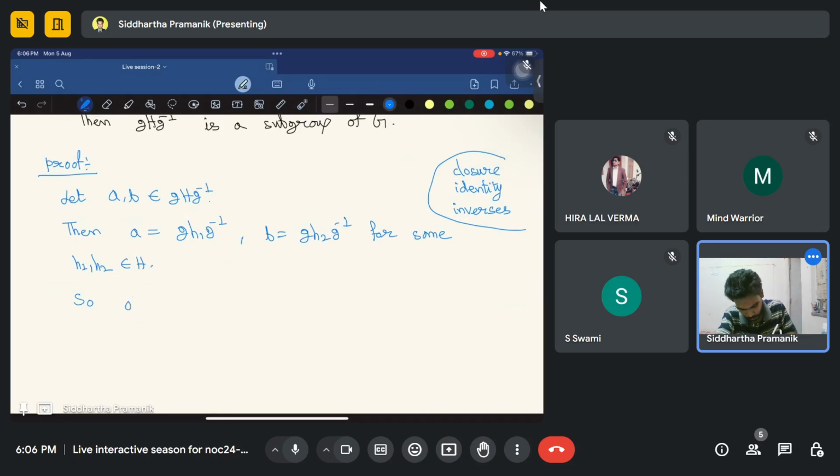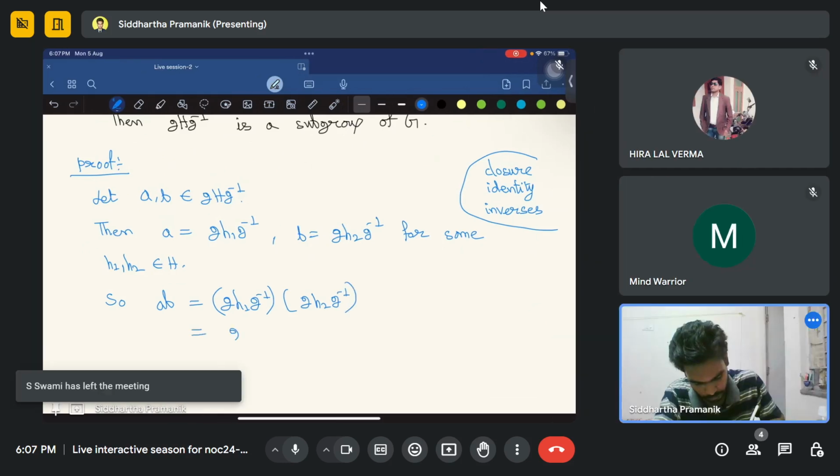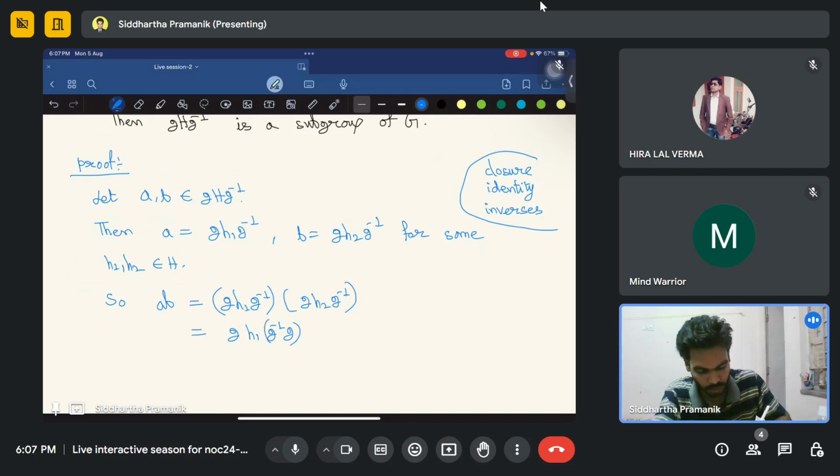So now what is this product ab? This is the same as g h1 g inverse times g h2 g inverse. Now if we use associativity, we can put the bracket here: g h1 (g inverse g) h2 g inverse.